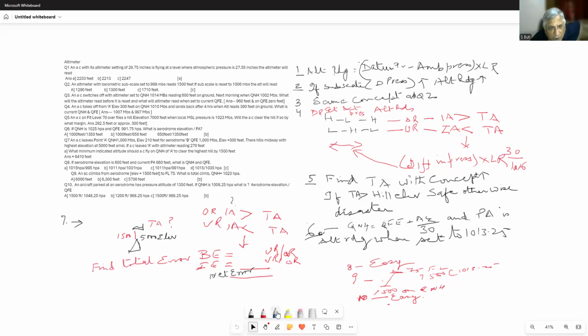So that is what you have to do, and I have to find out this question. 1500 feet is on QNH, whereas the altitude to which I have climbed is the pressure altitude 7,500, which is on 1013.25.